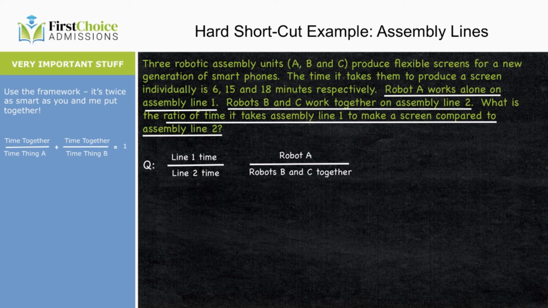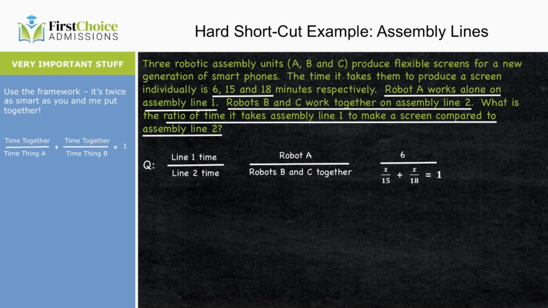In math, that must be 6, because that's how long it takes robot A to make a screen, over x, where x over 15 plus x over 18 equals 1, because that equation reflects how long it takes robots B and C working together to make a screen. So now all we have to do is do the arithmetic.